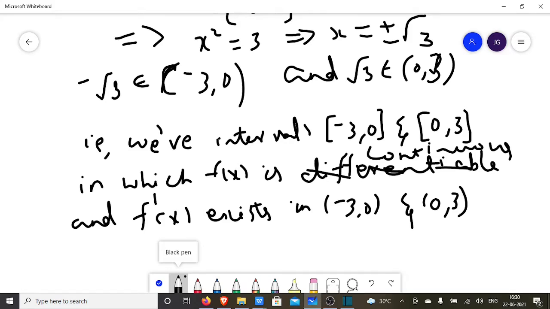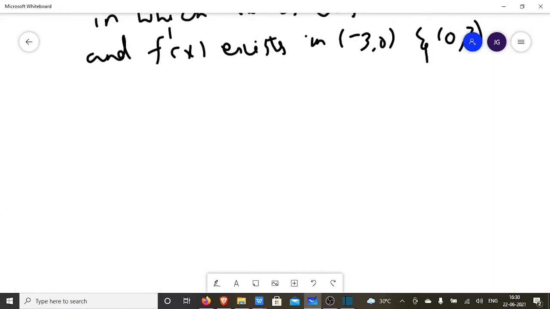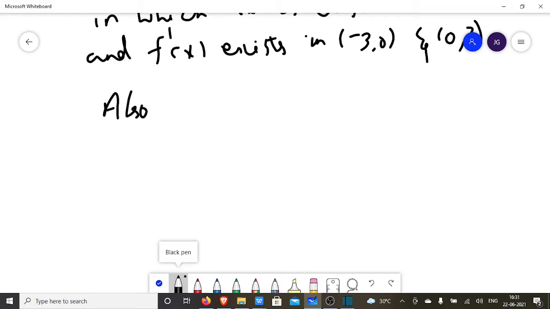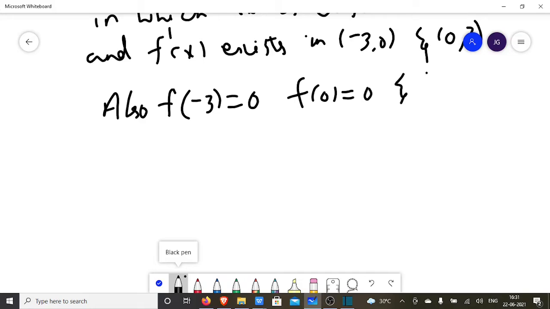Also f of minus 3 equal to 0, f of 0 equal to 0 and f of 3 equal to 0.